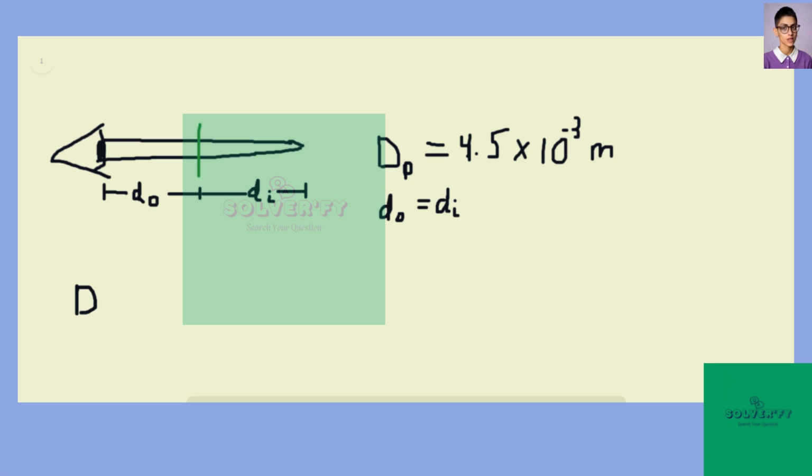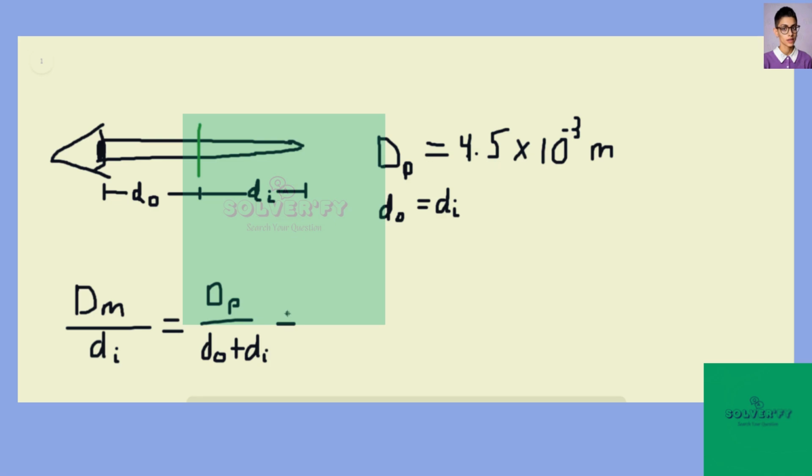So we have the diameter of the part of the mirror that the image is crossing, we'll call this D sub M, divided by the distance d sub i, is going to have to be equal to d sub P, the diameter of the pupil, divided by the distance to the virtual image from the pupil, which would be d sub 0, the distance to the mirror, plus d sub i, the distance from the mirror to the virtual image. That is true because the angles would be the same.